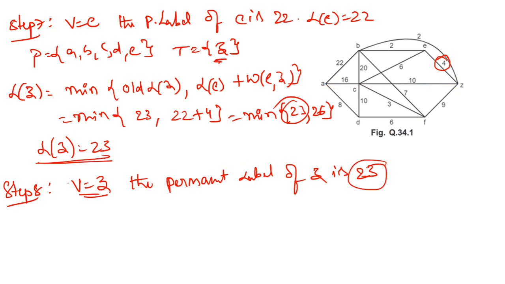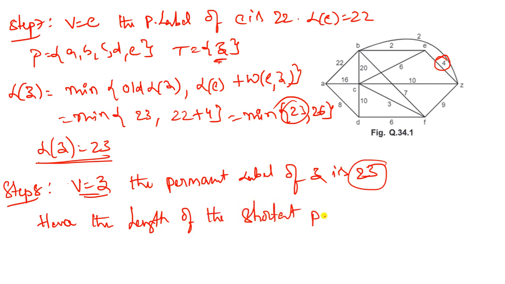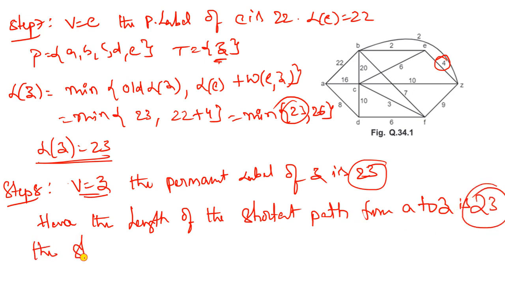Okay, hence the length of the shortest path from A to Z is 23.